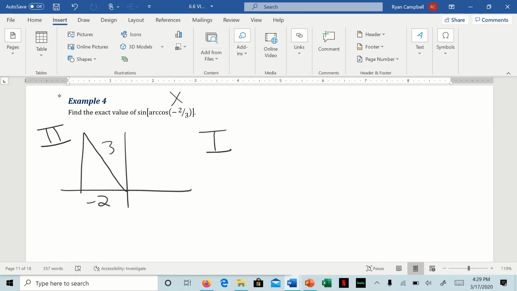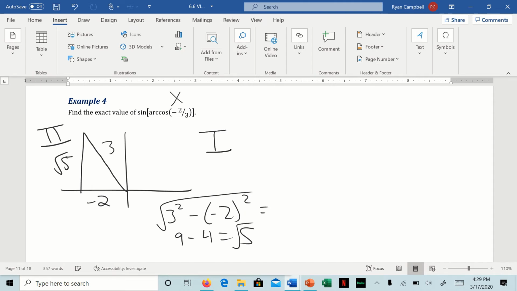So we need to figure out what the opposite is. So using the Pythagorean theorem, we get 3 squared minus negative 2 squared. So 9 minus 4 is 5. Make sure to take the square root. So we have the square root of 5. So what is the sine of this triangle?